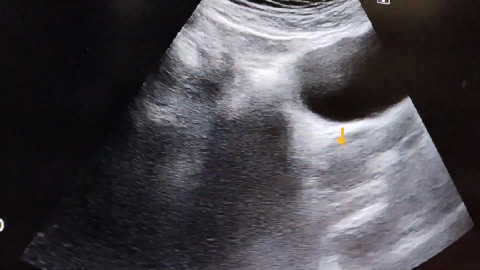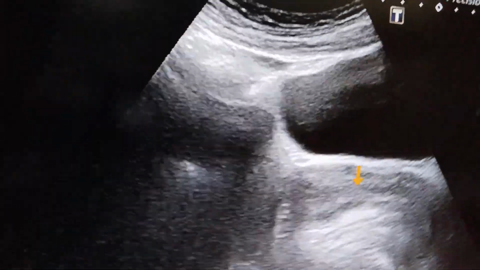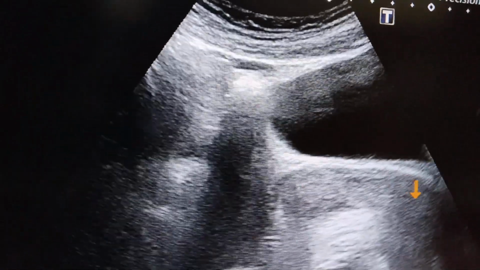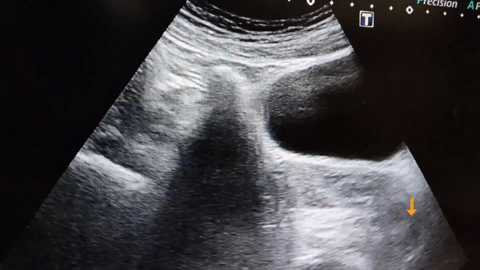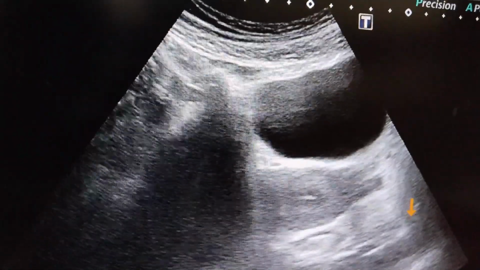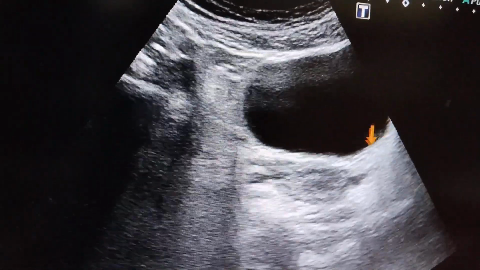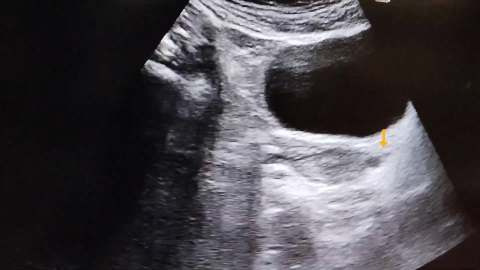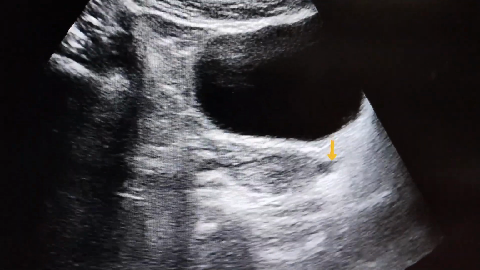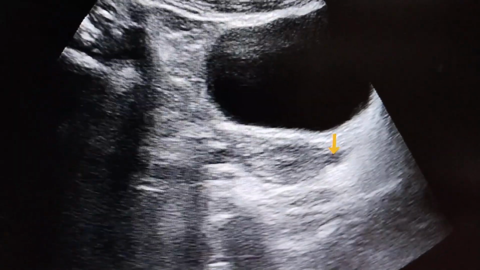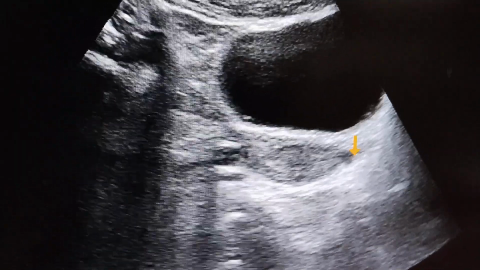and the uterovaginal prolapse. So why is there a bilateral hydronephrosis and hydroureter? I'm going to trace it. Look here. This is the dilated distal ureter on the left side.